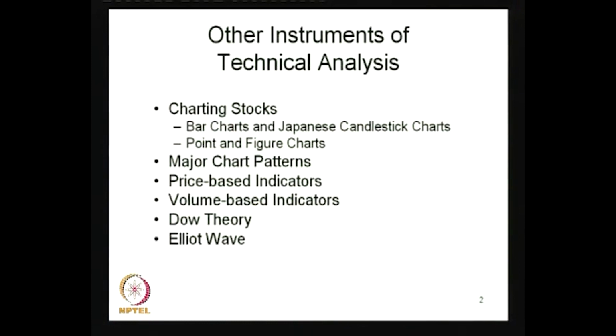So, as we discussed in the previous class, there are various instruments we use in technical analysis. That includes the different charts as well as price-based indicators, volume-based indicators, Dow theory and the Elliott wave. One by one today we will talk about the different instruments we use in technical analysis to know when to buy and when to sell.